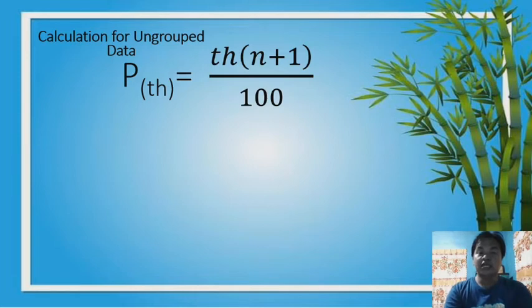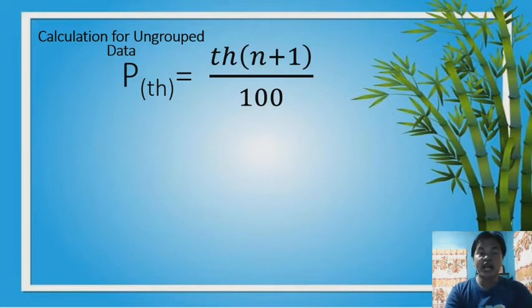So, inilagay ko na lang po yan para po medyo mas madali natin malaman o mas madali natin mailagay, ma-substitute ang percentile na hinahanap bago natin mahanap ang kasagutan. So, kaya may TH yan.